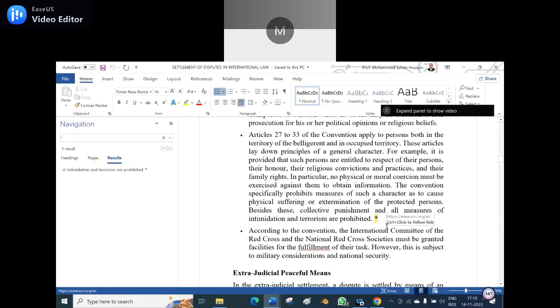Articles 27 to 33 of the convention apply to persons both in the territory of the belligerents and in occupied territory. These articles lay down principles of a general character.